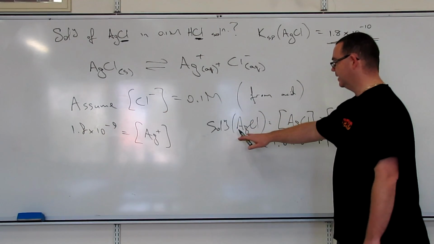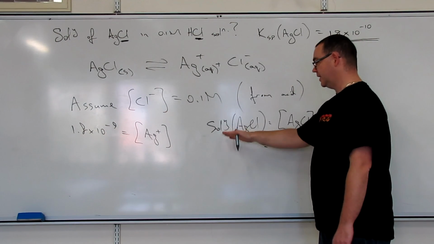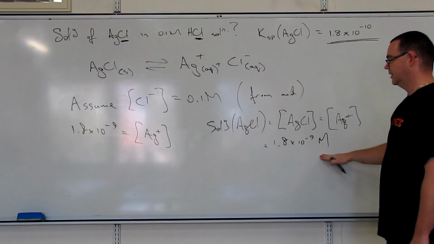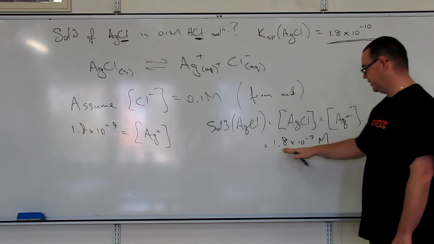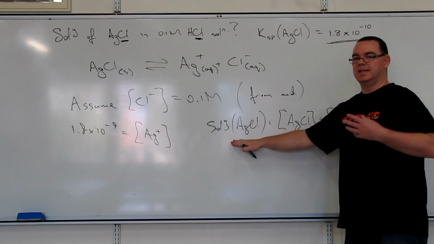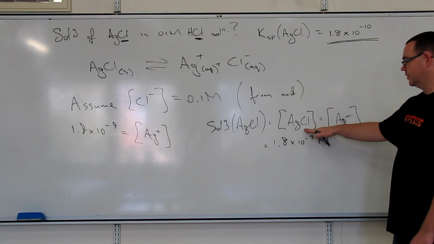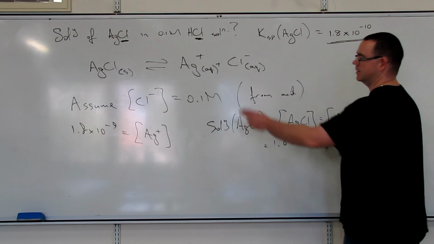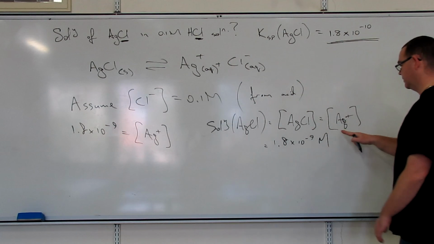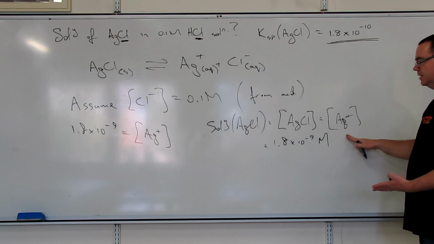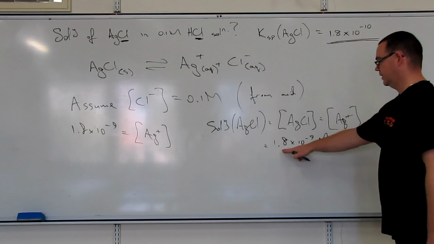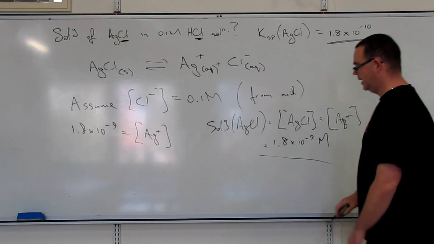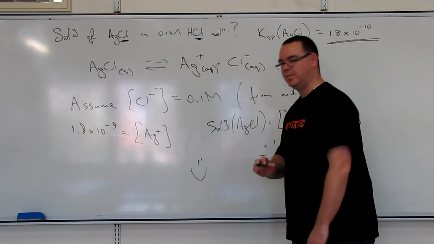Because the question asks what is the solubility, you have to say the solubility is this. And how do we go from solubility straight to a number? Well, the solubility, because it's a saturated solution, is equal to the concentration. And because in this case it's a 1-to-1 ratio, that's also equal to the concentration of the silver ions, which we found. So there's our final answer, and then we are happy.